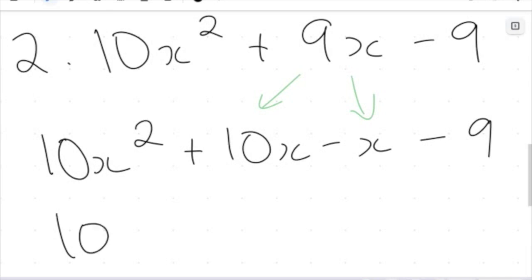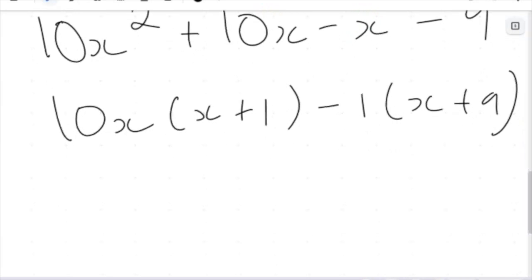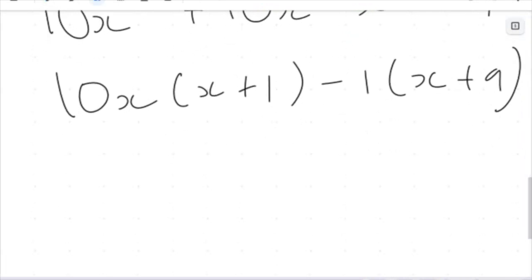Now here, I'm going to pull out 10x as a common factor, and I'm going to have x plus 1. And here I'm going to pull out -1 as a factor, and I get x plus 9. We can see, once again, this is clearly not right because we don't have a common thing here. Let me try another way, see if that works.